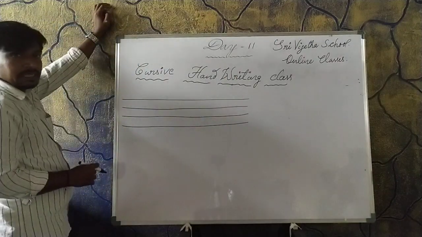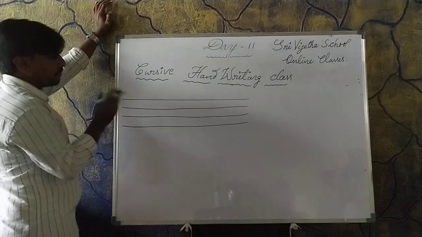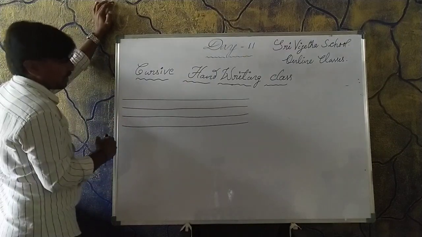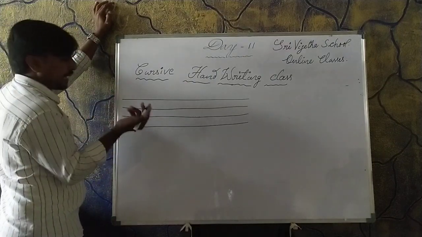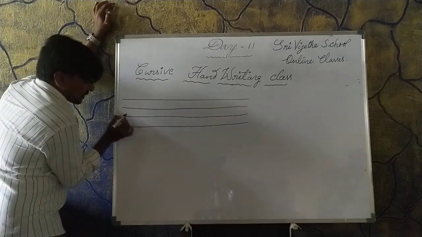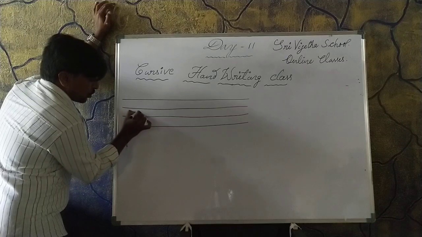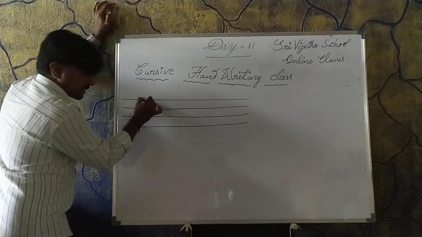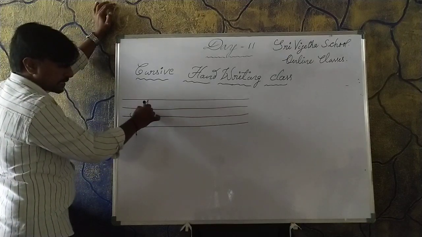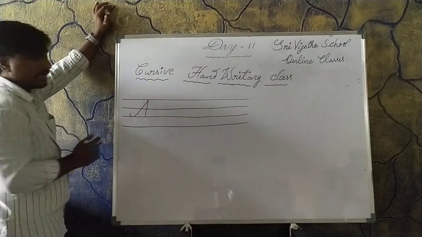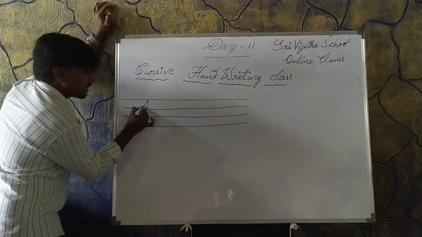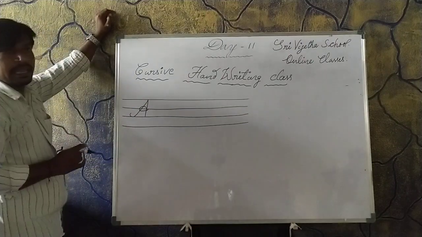So first of all, how to write the letter A? Look here, first start the letter from the third line, go up and touch the first line, and come down at the same point. Then we make a circle between the lines. A.